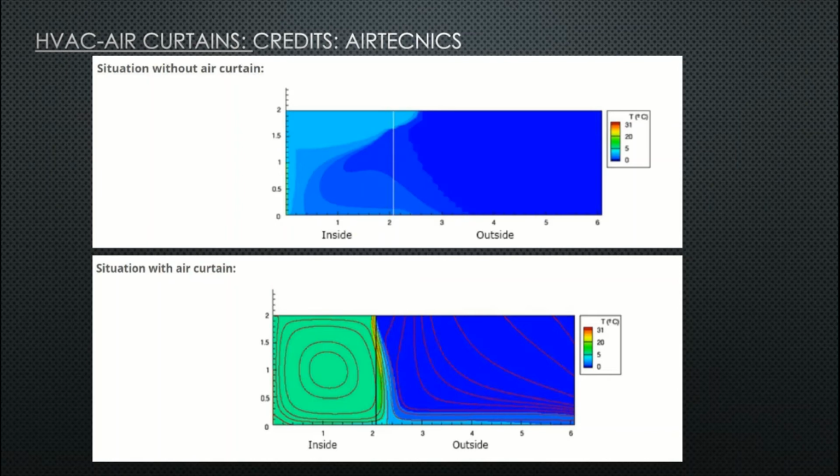The dust and debris from the outside can also go inside the conditioned environment. In the second image, you can see on the inside space, the conditioned temperature is staying within the inside environment, and the outside environment is staying away from the inside environment. This air curtain acts as a barrier or a virtual seal between these two environments. For these reasons, air curtains are very essential in a mall or any other commercial space at the entrance.